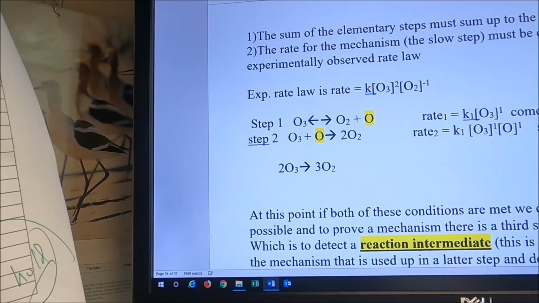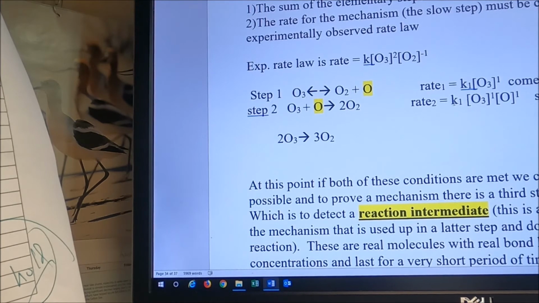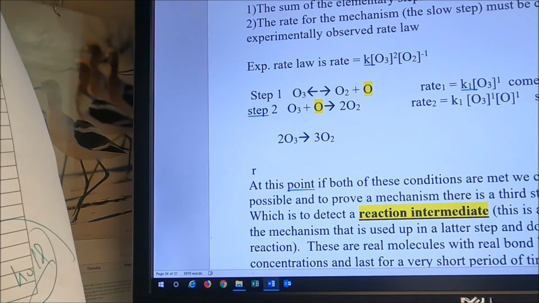So this step comes to equilibrium. When we look at the slow step and it comes to equilibrium, it means the rate of step 1 forward has to equal the rate of step 1 reverse.